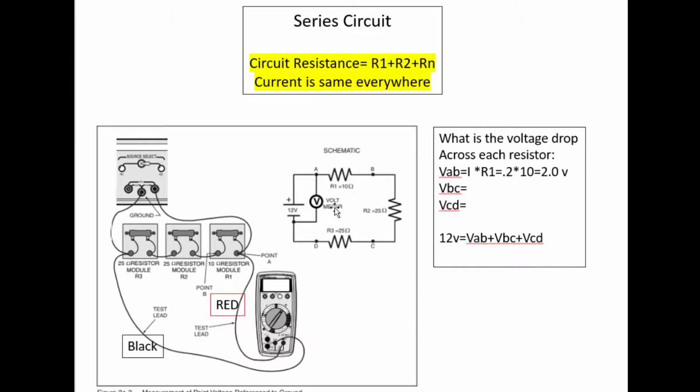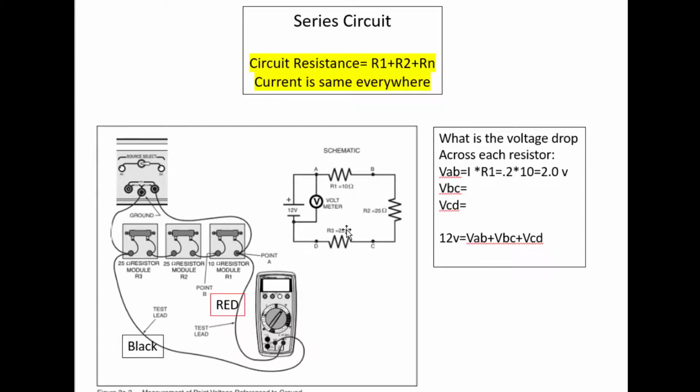So Ohm's law is going to tell us that the voltage drop across each one of these elements, or, well, let's just talk about the voltage drop across the 10 ohm resistor here, is equal to I times R. All right, now, if we study this circuit, we know the voltage, the 12 volts, we know the resistance in the circuit.